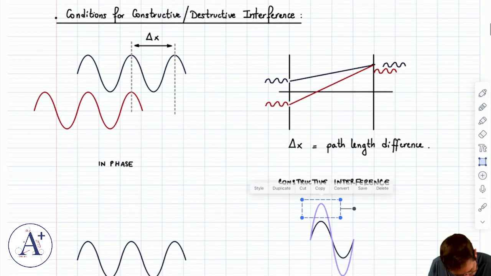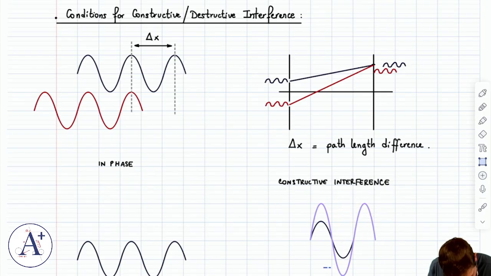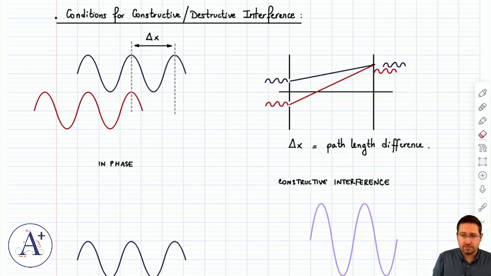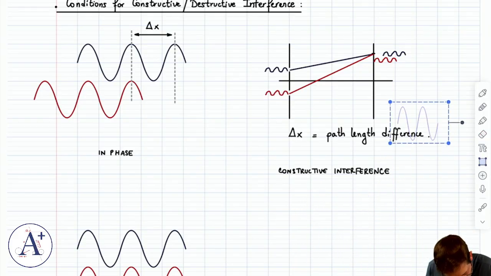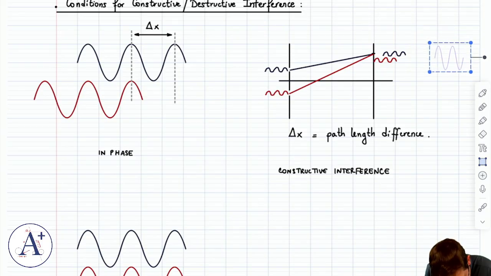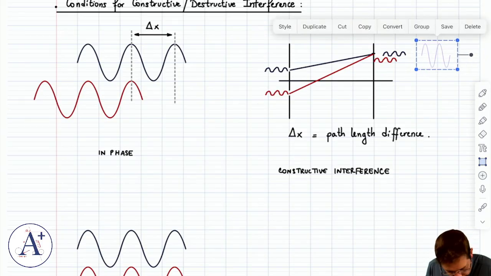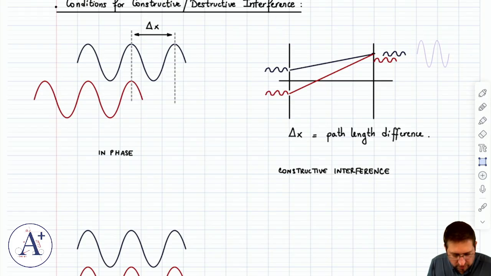And so now, instead of just getting a blue wave with an amplitude A, I get this purple wave, let's call it, with an amplitude 2A, right? And so I'm going to put this over here, just to say that, okay, this is going to be constructive interference. You get a wave that has the same frequency but double the amplitude, which means a brighter amount of light.